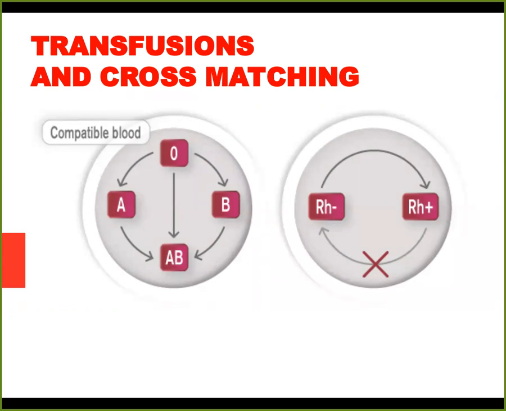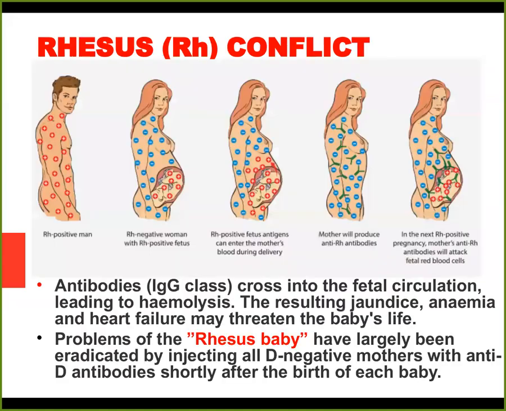And rhesus factor or rhesus conflict is more frequently met not during hemotransfusion, but during pregnancy. Because pregnancy is a situation when the baby's blood produces its own proteins as a result of genes from mother and father.